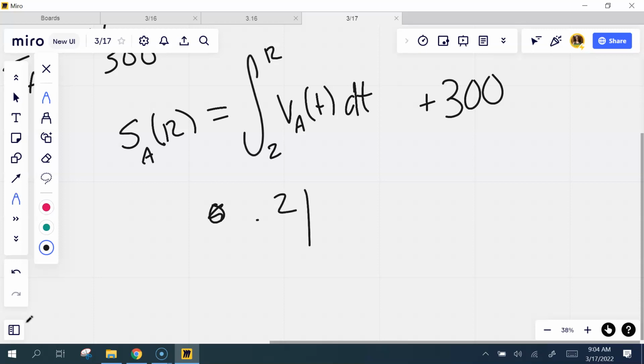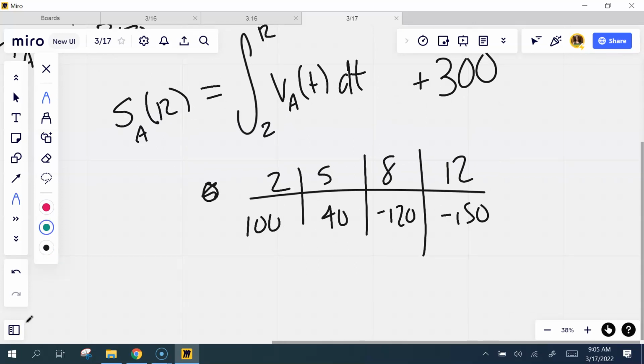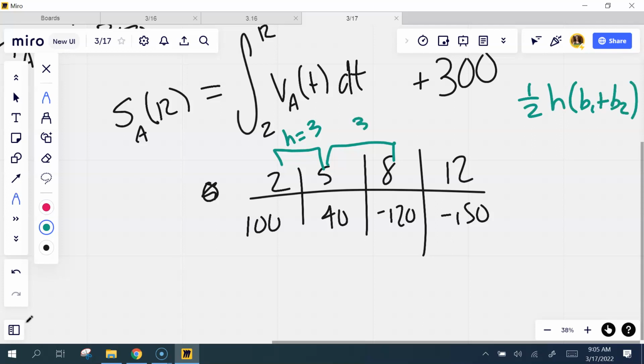Remember I'm starting at 2, then 5, 8, 12, with values 140, negative 120. Area of a trapezoid is 1/2 times base 1 plus base 2 times height. These are my bases, and my differences give the heights. My height here is 3, and my height here is 4.